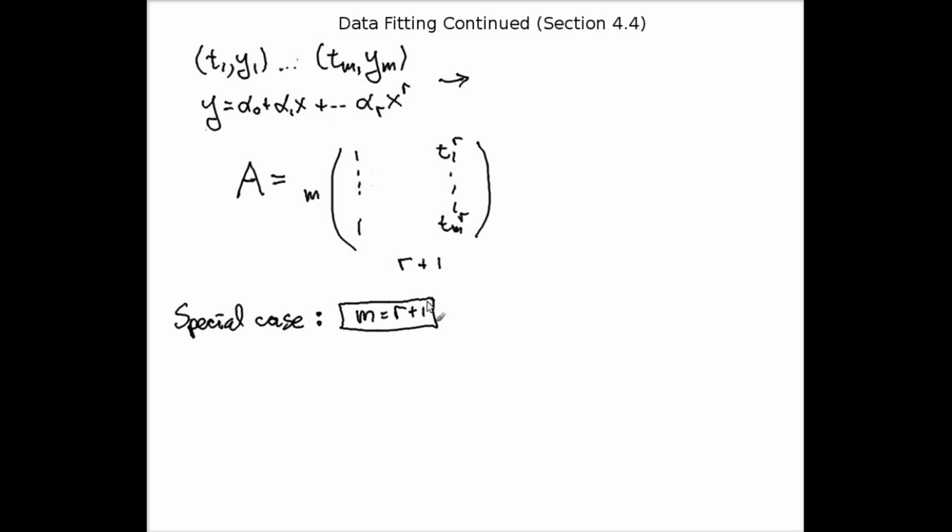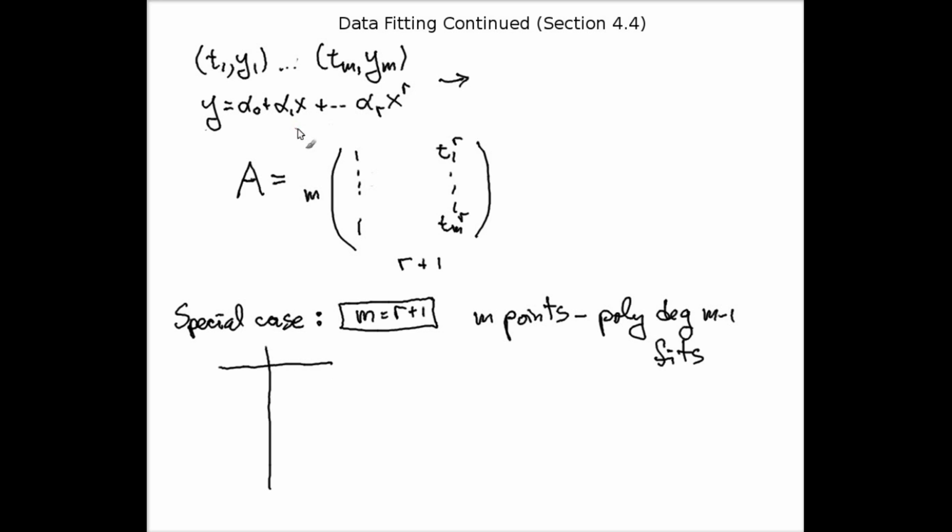So what does that mean? It means that I'm given m points, and I'm trying to find a polynomial of degree r, which is to say m minus 1, which fits it. So let's make a little table here.